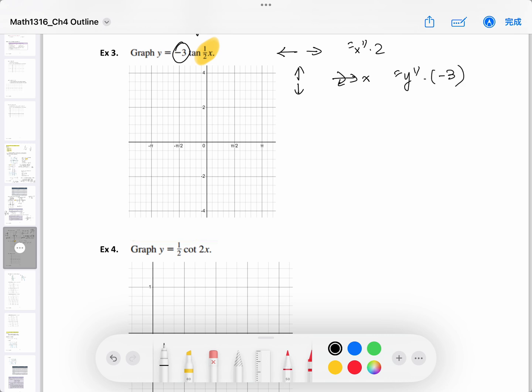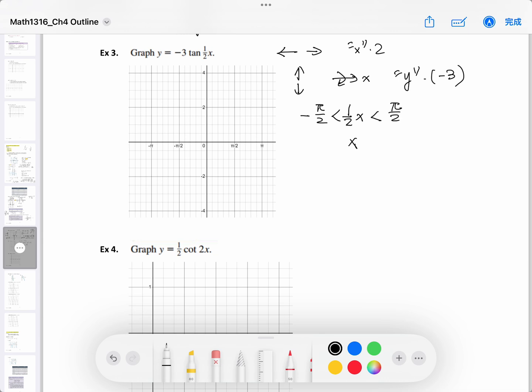All right, let's see. This one is difficult to sketch because we have more transformations, so we can use the table. First, we need to find the starting and ending vertical asymptotes. We can put the input 1/2 x between one full cycle of tangent, -pi/2 and pi over 2.